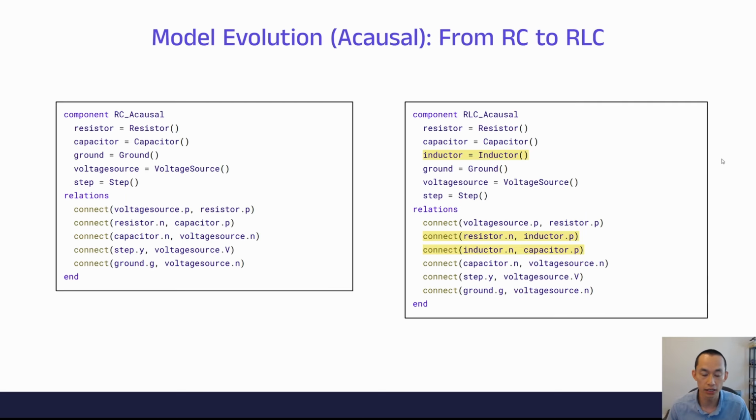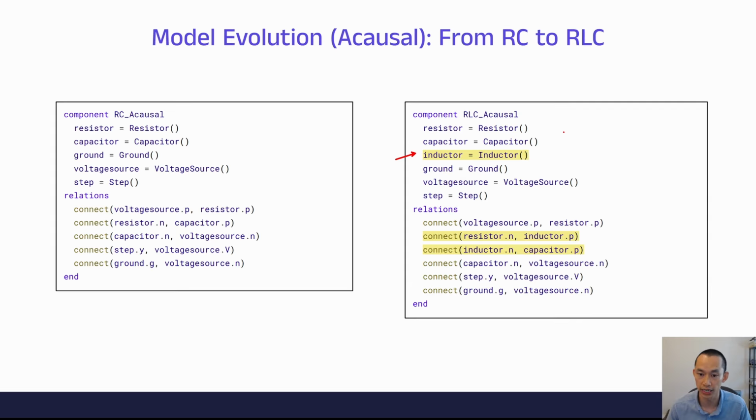And then the code-based representations of the Acausal models are equally as intuitive, right? In the RC version, we started off with a resistor and a capacitor. When we moved to the RLC circuit over here, all we had to do is add in an inductor because, you know, an RLC has an inductor versus an RC.